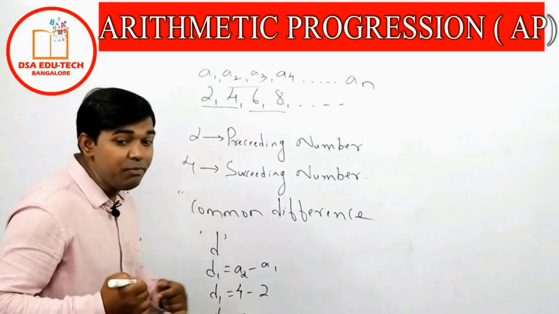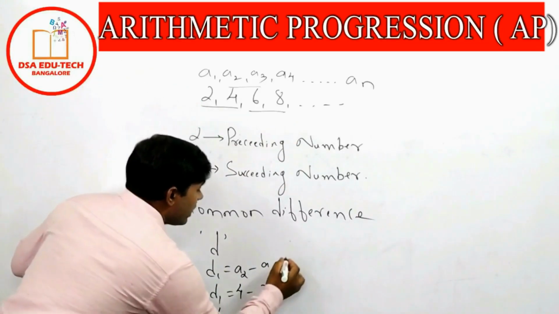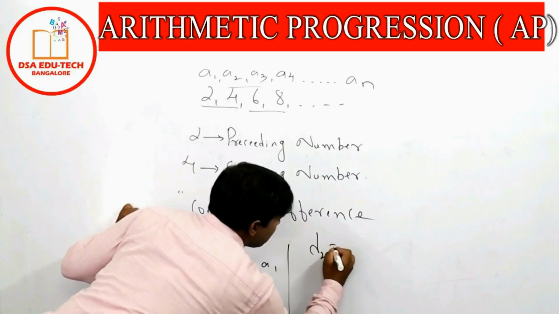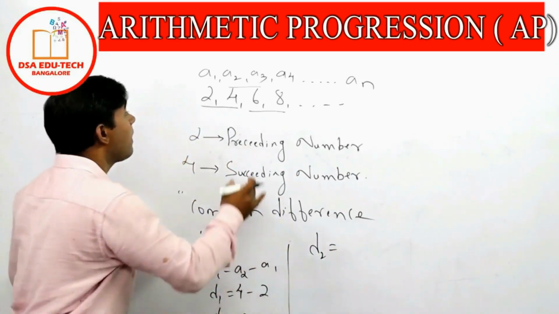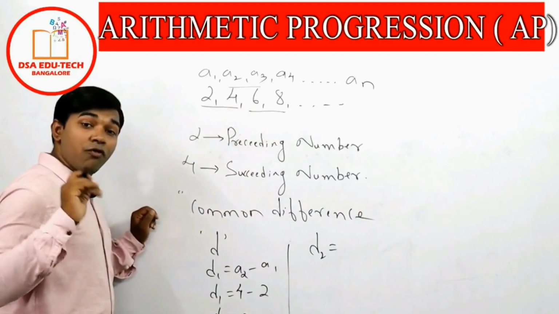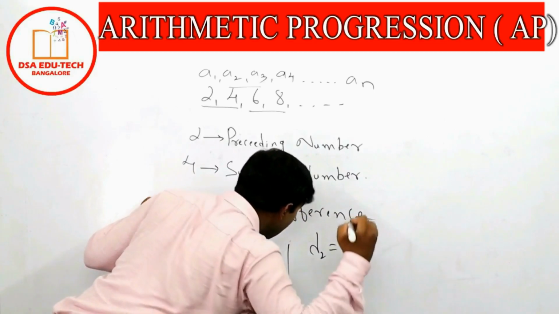Now let me calculate D2 and you people will tell. D2 you calculate with respect to the two numbers 4 and 6. So D2 is equal to A3 minus A2.